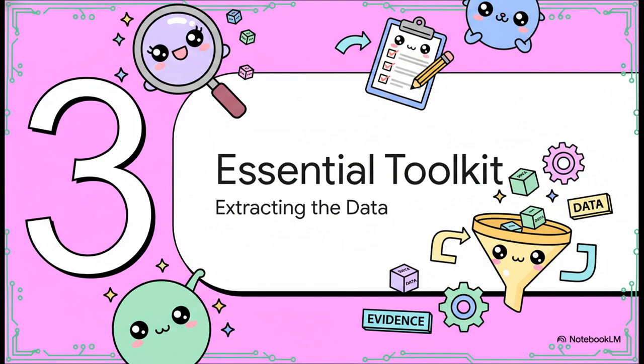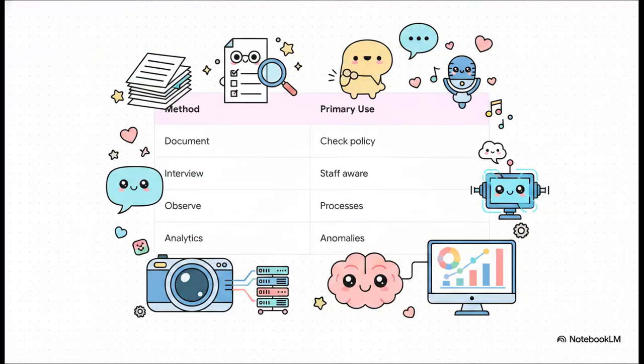Moving to Section 3, the auditor's essential toolkit for extracting the data. We know the theory, but what does an auditor actually do on the floor to pull this data into our funnel? Let's open up the toolkit and look at the real-world methods. First, there's document review. This is checking policies, system backups, and training records to make sure they are current and complete. Next, interviews. Actually sitting down with the staff to gather insights on their awareness and execution.